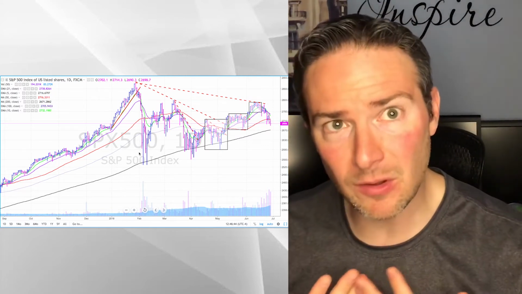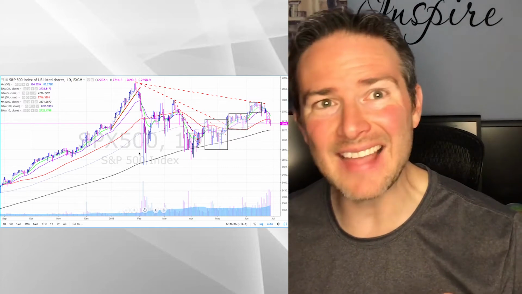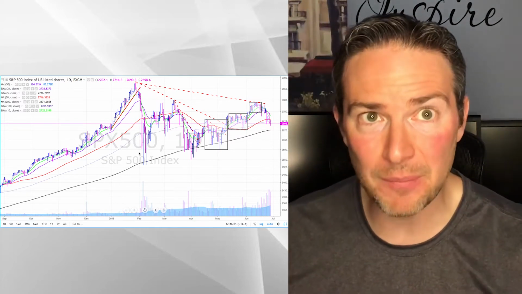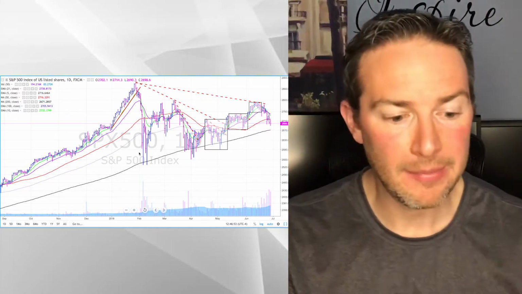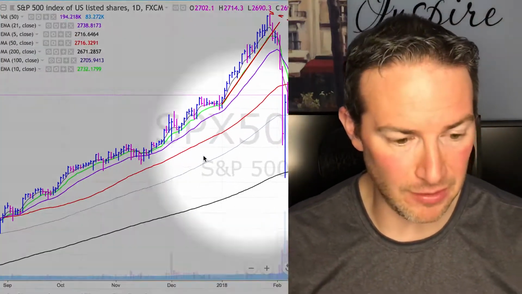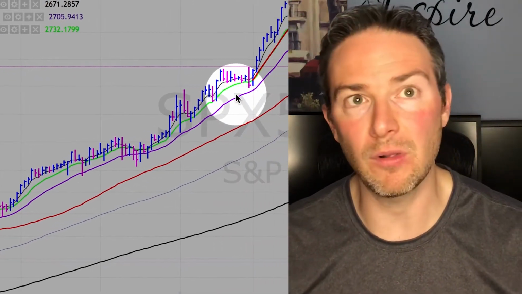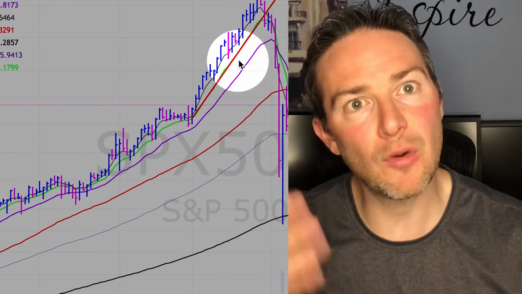And the way that we're going to see who is winning that tug of war at any given moment is by looking at the chart patterns. So back to this chart of the S&P 500. Over here, we could see that the buyers are clearly in control. Why? Because price keeps on going up and up and up.